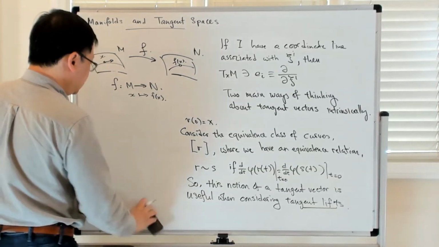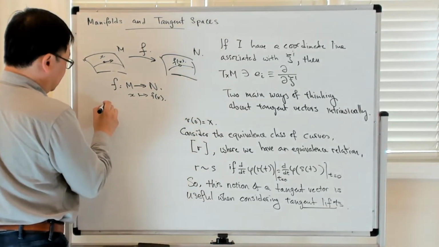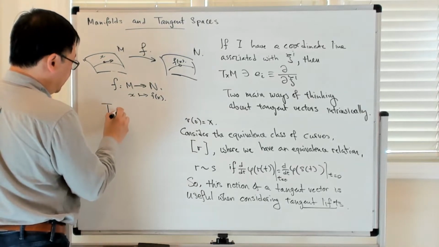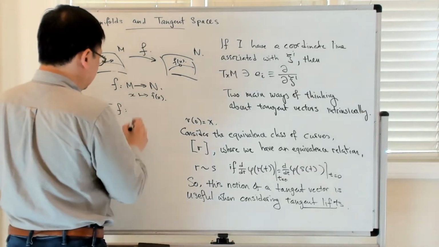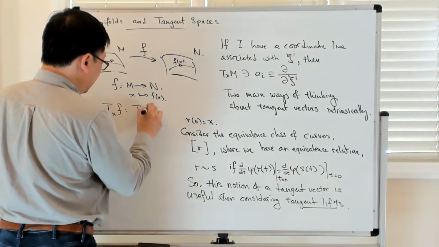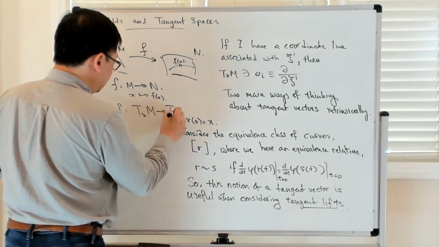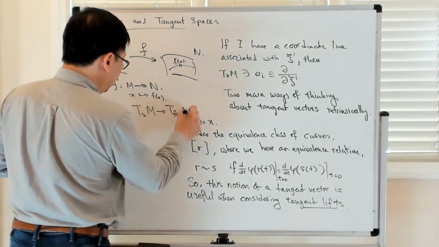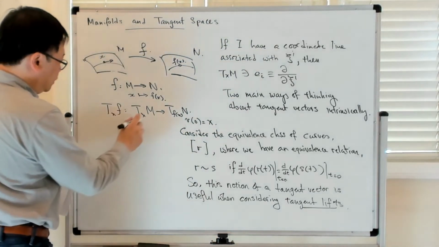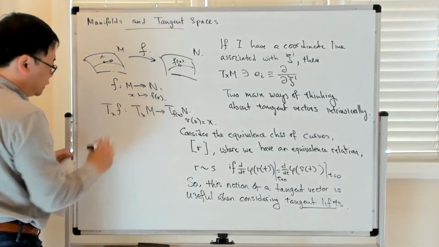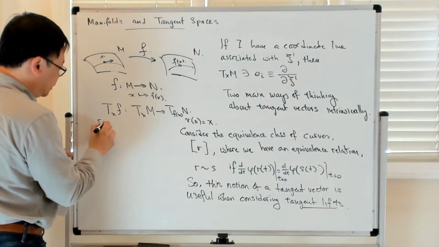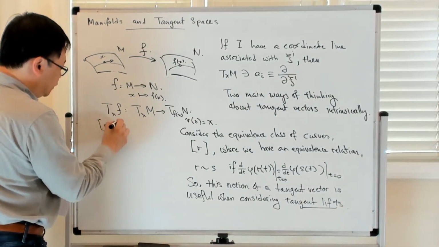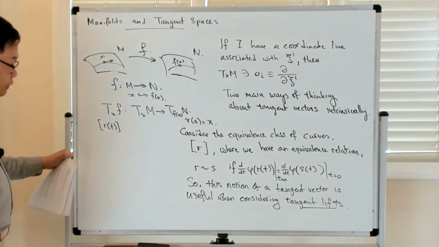And so the claim is that you can look at its tangent lift at the point x, T_x f, which is going to induce a map from T_x M to T_{f(x)} N in the following way. A tangent vector to M is associated with an equivalence class of curves.